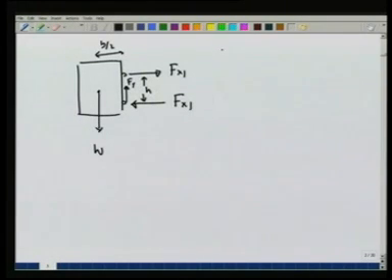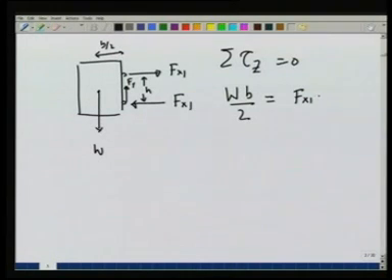So, summation tau z is equal to 0 gives me W times b over 2, that is a couple due to Fy and W, should be equal to Fx1 times h, or Fx1 is equal to W b over 2h.